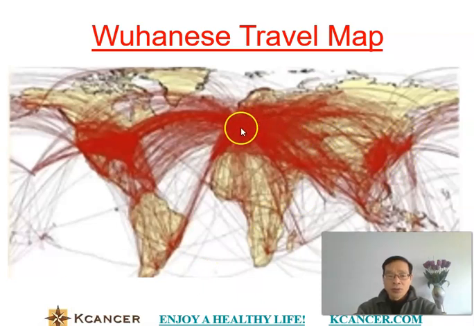And from Europe, people continued to travel to America and all the surrounding countries and travel back. People can also travel directly to America, and from here they transfer to all different cities all over the world. So right now, there is no doubt the virus has spread everywhere in the world.